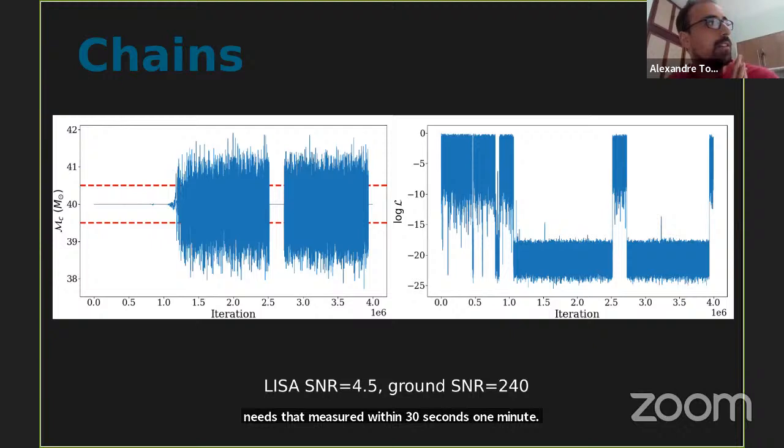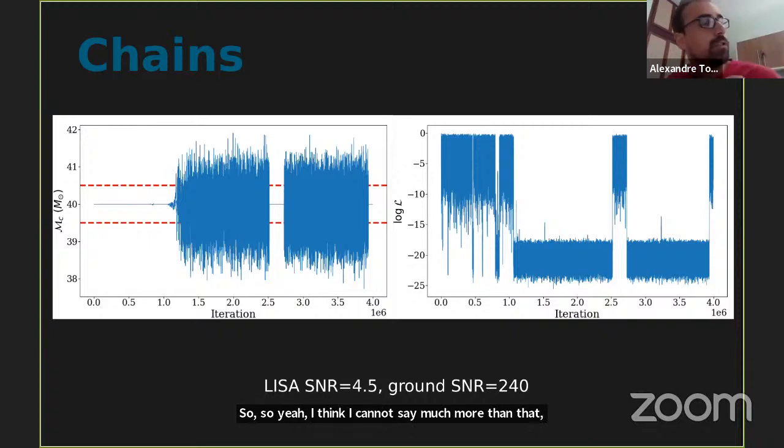I cannot say much more than that, because as I said, I have not used really eccentric waveforms. But I think this is a very important step to be done now, and as I highlighted at the end, I think we're starting to be able to do it.